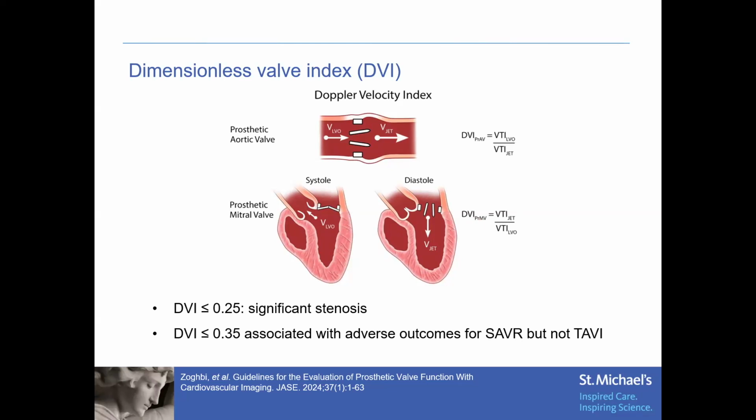The generally accepted cutoff for aortic valves is 0.25, less than 0.25 indicating significant stenosis, and more than 0.35 being within normal. And the reason for that is we've had prognostic studies that found that a DVI less than 0.35 is associated with adverse outcomes, but in particular SAVR, not so much TAVI, because that's a little bit more complicated. So the reason why we go with 0.25 and 0.35, that's where it stems from.